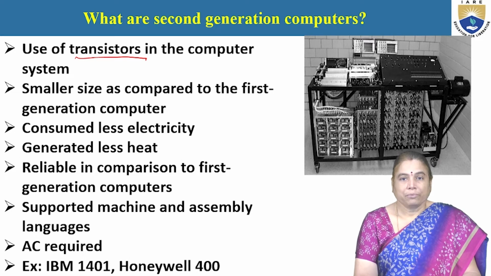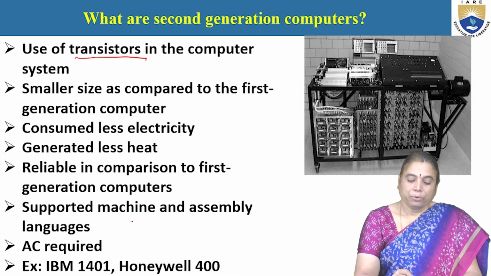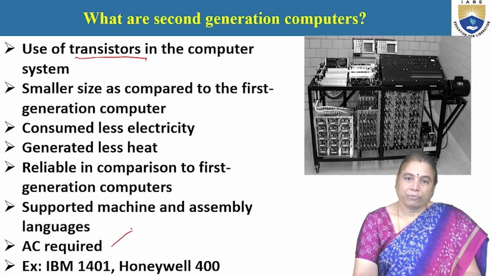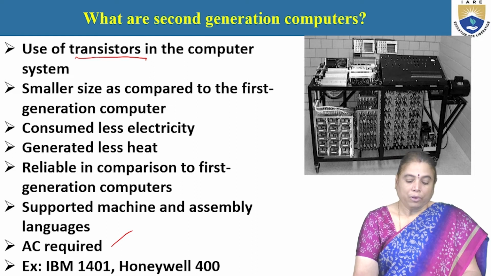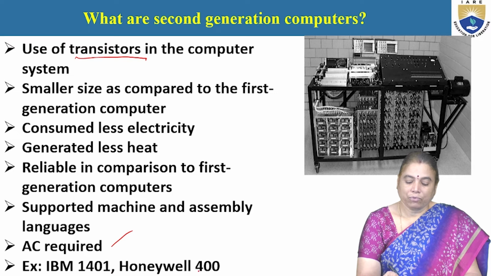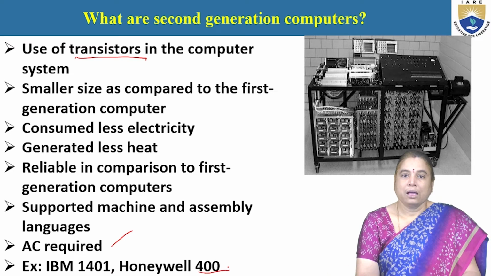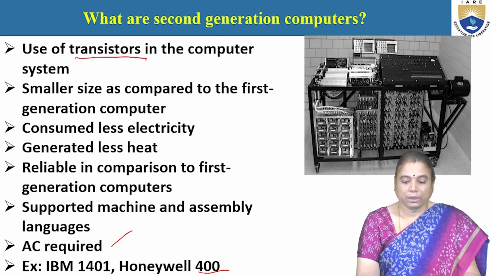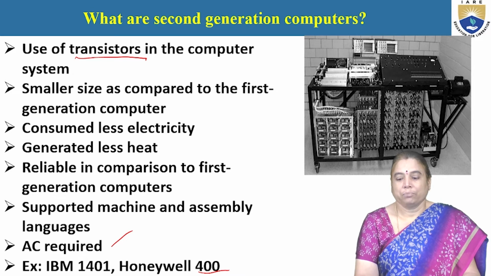But machine language and assembly language are supported by the second generation computers. To reduce the heat effects of the computer, AC is required. So the IBM 1401 series and Honeywell 400 series are the best examples of second generation computers.